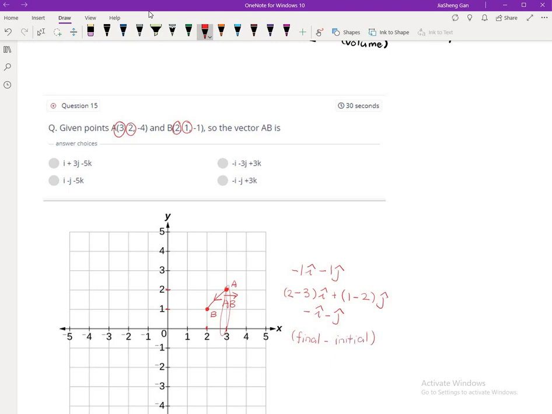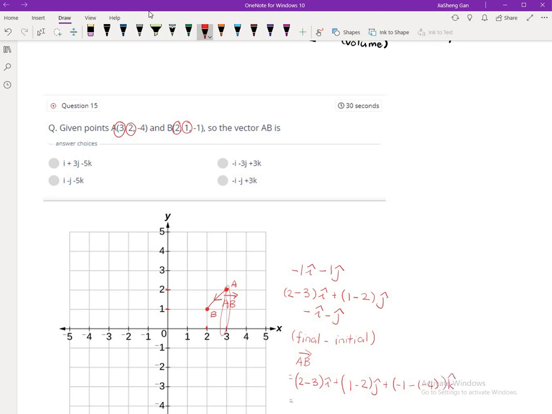So for this one, AB will basically be, your final is B, your initial is A. So your final minus initial i plus your final minus initial j plus your final minus initial k.